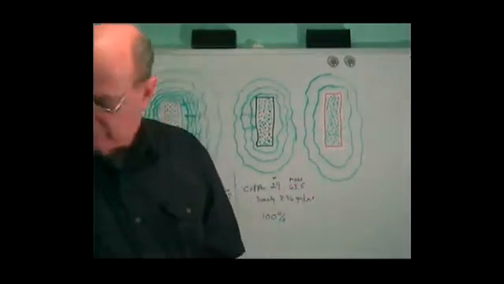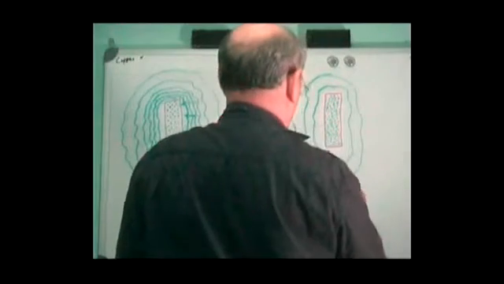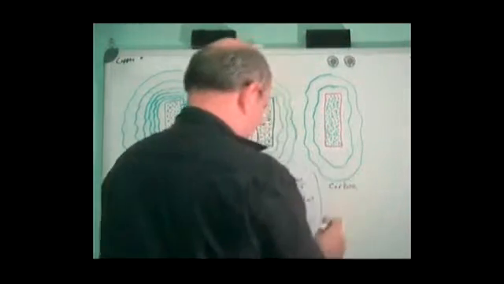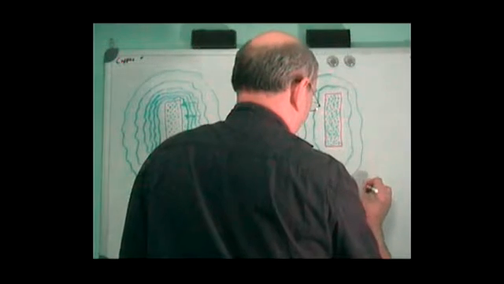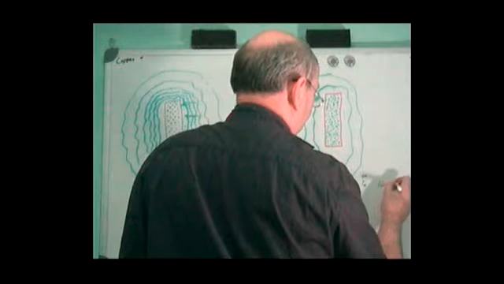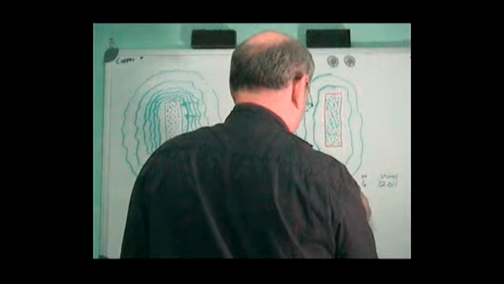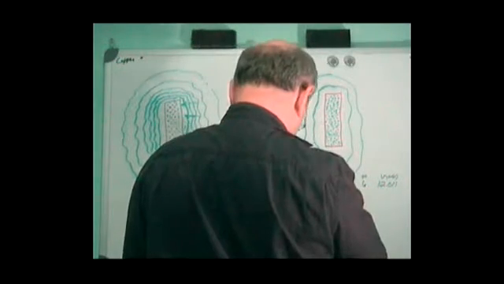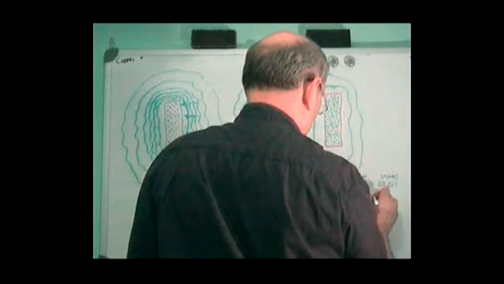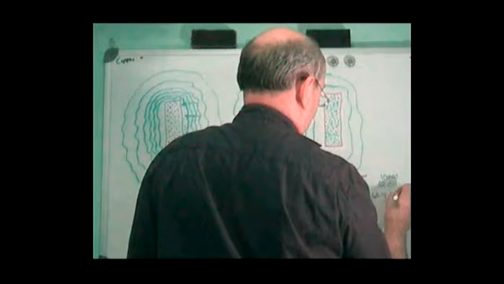Okay, so now if we look at the values for carbon, obviously it's 6, it's 12.01 for mass. And the density is 0.62 grams per cubic centimeter.